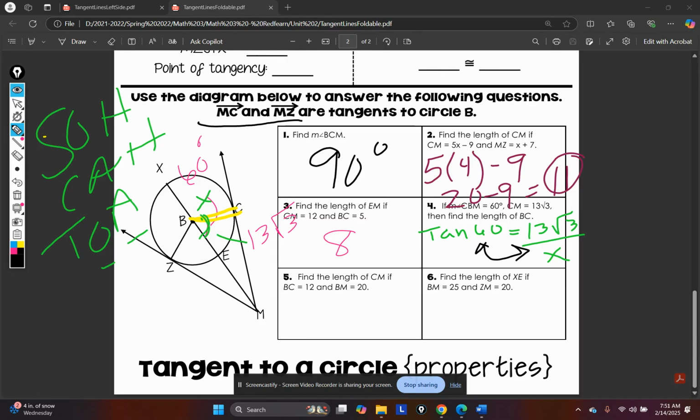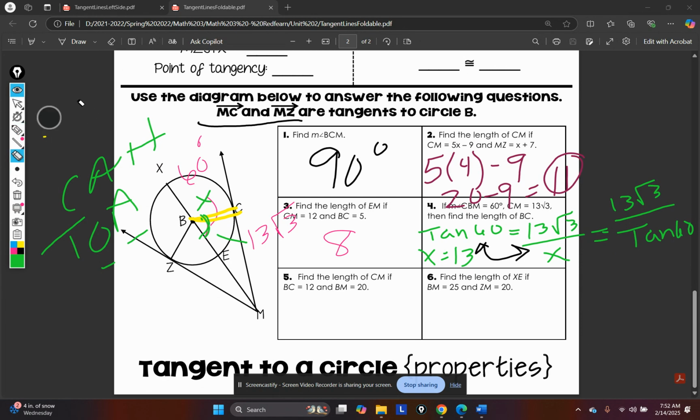And if you do that, then that's going to equal 13 square roots of 3 over tangent 60. Okay? And if you place that in your calculator, your value of x is going to equal 13. Okay? So x equals 13.